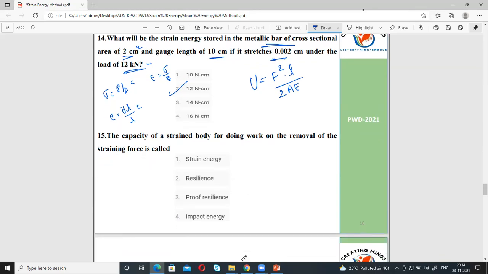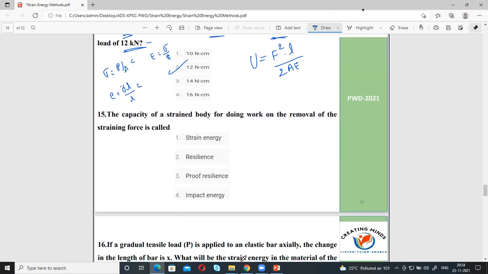Is the capacity of a strained body for doing work on the removal of straining force called? Option 2, resilience. Any other answers? What is the definition of resilience?